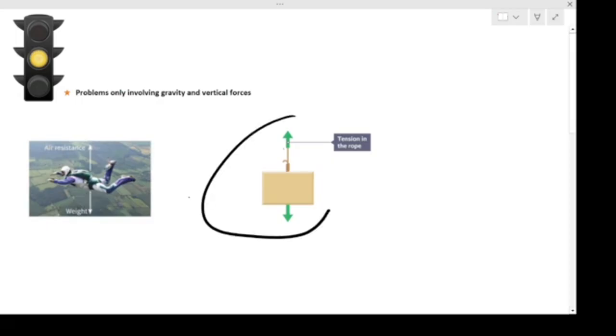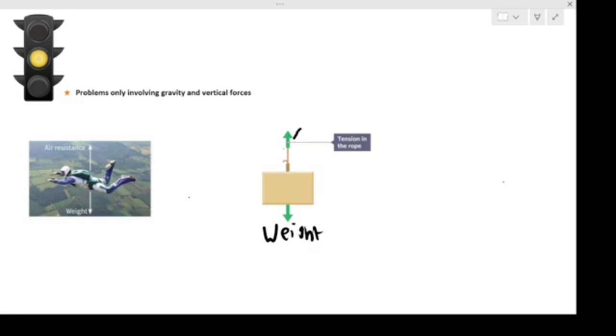Then we've got this example here, a box being pulled up by some rope. It's hanging in the air. Again, there's weight pulling it down, the gravitational force. Weight is gravity, so that's pulling the box down.